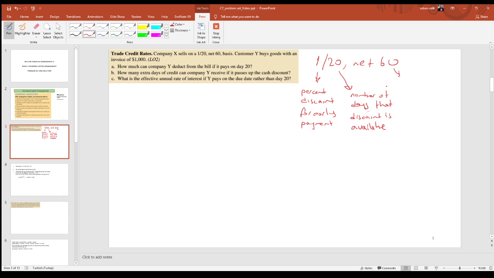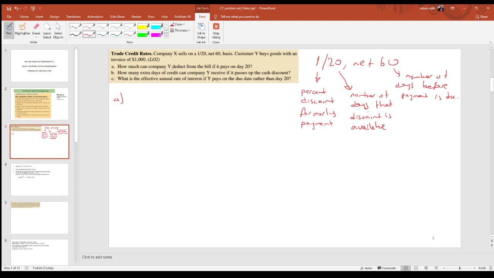And 60 represents the number of days before payment is due.